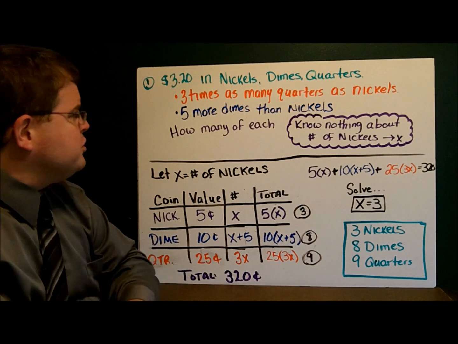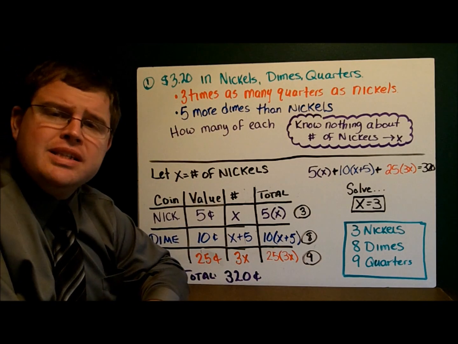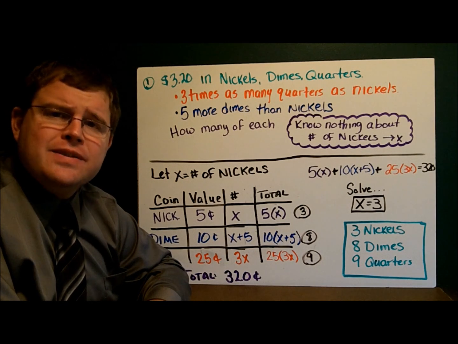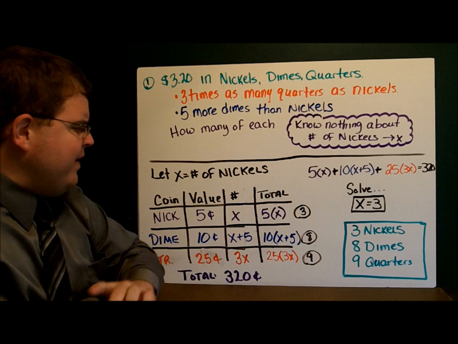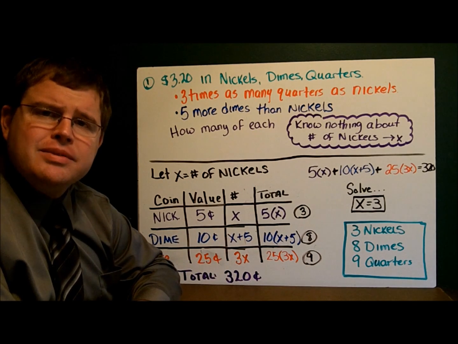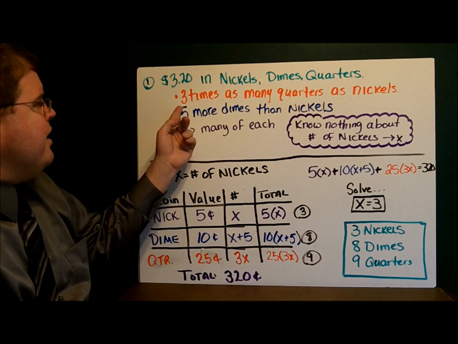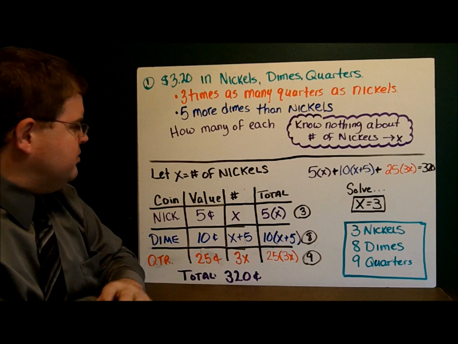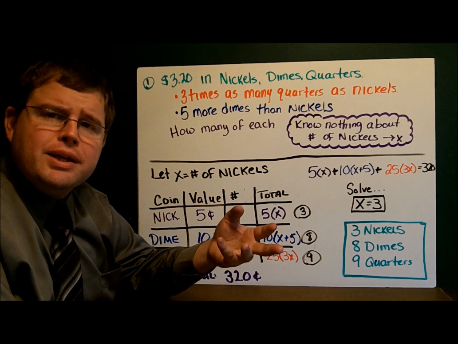Now, let's see what else we have here. We have dimes. 5 more dimes than nickels. Well, 5 more is plus 5. So if I have X nickels, I have X plus 5 dimes. The next piece of information is here in red. 3 times as many quarters as nickels. Well, 3 times means 3 times the number, multiplication.